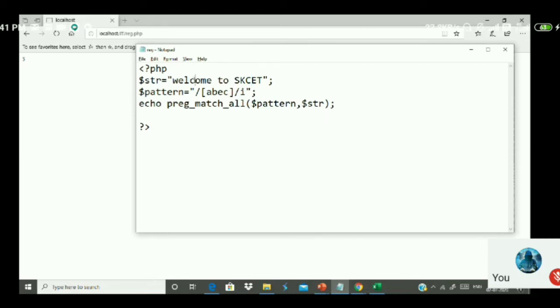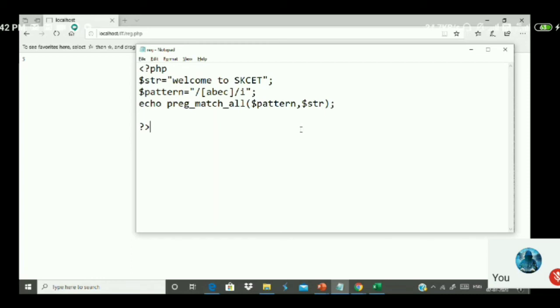And how many C exist? 1 and 2. So 3 E's and 2 C's. 3 plus 2 is equal to 5 matches. That's what I said, Mohan. Are you able to understand? Clear? Any doubts in this? No, sir.